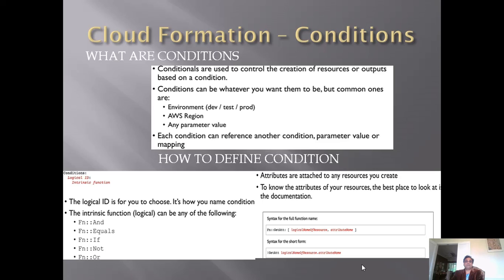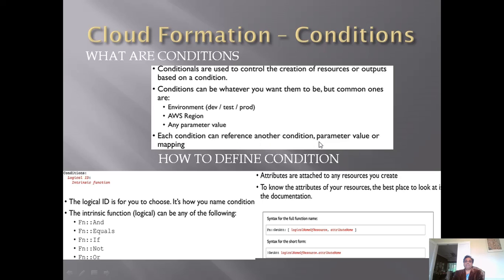Okay, conditions. Conditions are used to control the creation of resources or outputs based on a condition. So you could put the condition either on the resource or on the output. We are going to see what output is, but yes, you could conditionally say if it is dev, create this particular type of EC2. If it is prod, you create this type of EC2. So you could create that level of things.